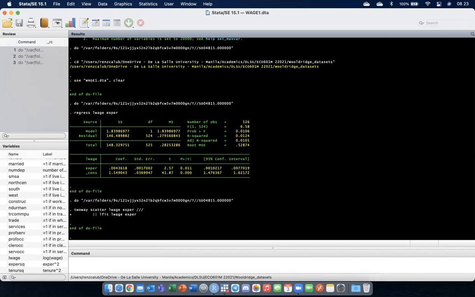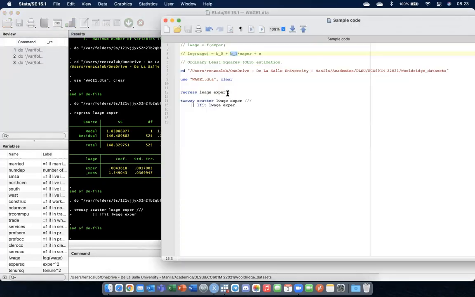When a variable is statistically significant, it means that at the population level, holding a fixed level of significance, say 5%, 1%, 10%, you know this in your stats already, the coefficient of experience is not zero, and there is indeed a relationship between the two.